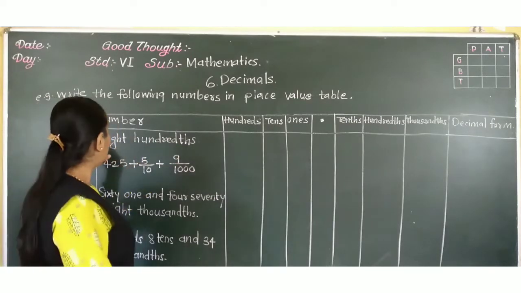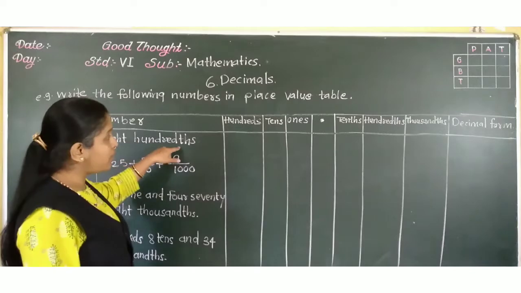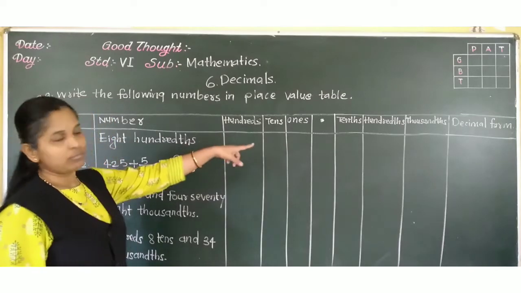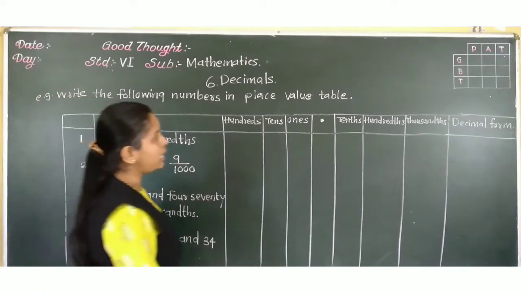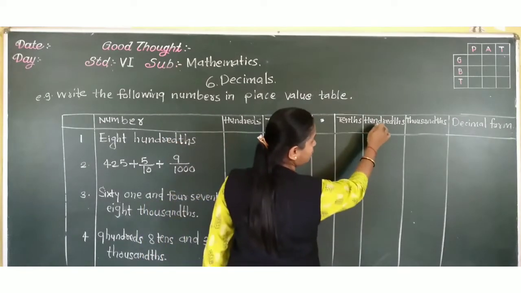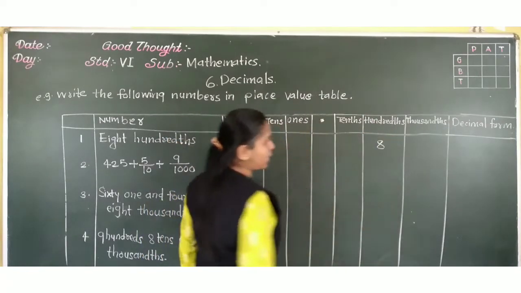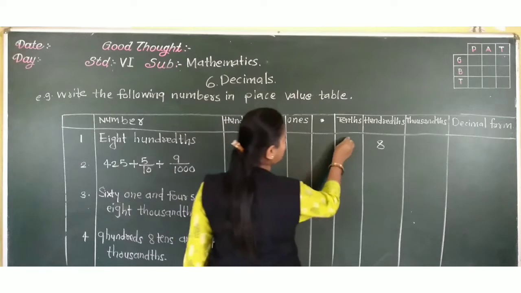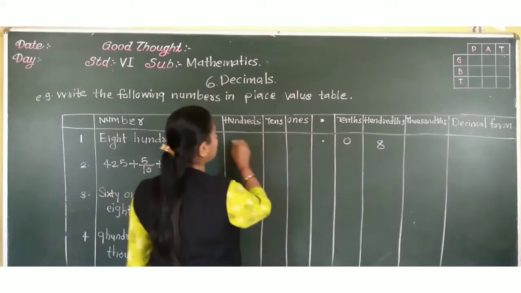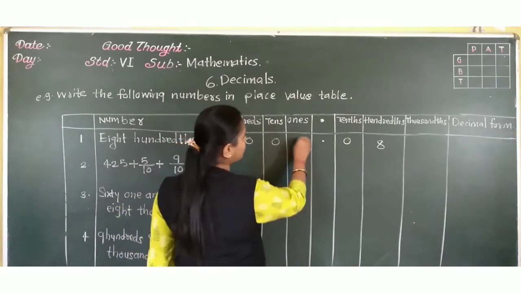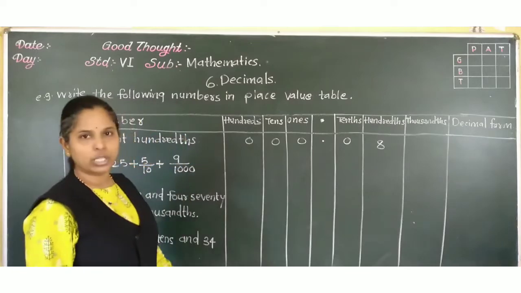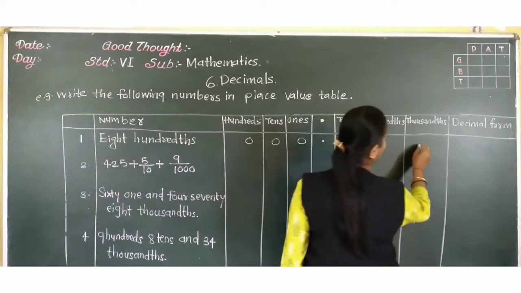We have to write 8 hundredths in the place value table. So 8 hundredths, 8 will be there in the hundredths place, correct? And tenths nothing is there, so 0 point. Here also whole part nothing is there, that is 0 0. And here also nothing.